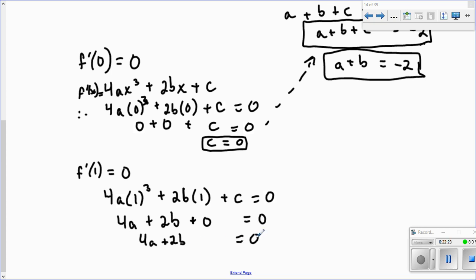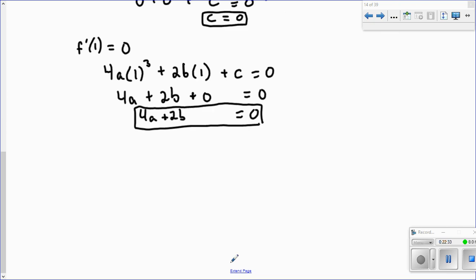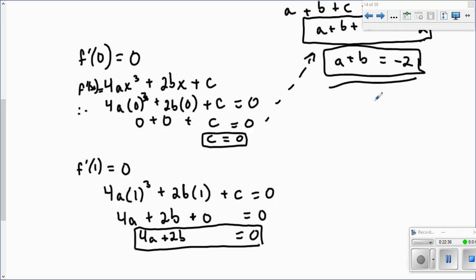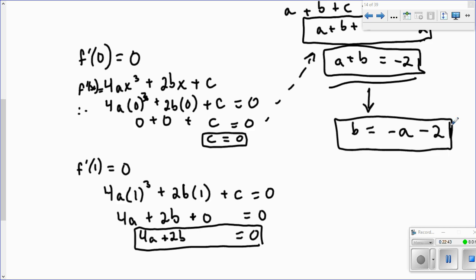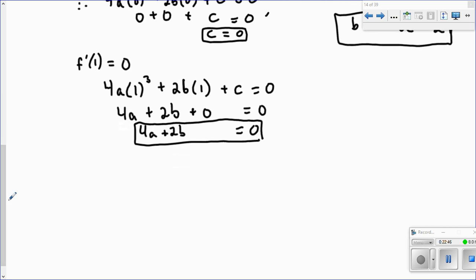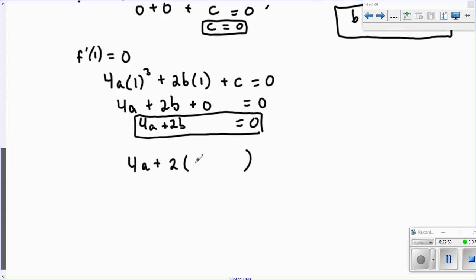So I've got this equation, and then this one up here. Now I have to use these two equations and solve for a and b. That's pretty simple. You might remember this from grade 10. We've talked about this. Let's rearrange this one and solve for b in terms of a, and let's solve by substitution here. So let's take my second equation, 4a plus 2, but instead of b, I'm going to write in what I just rearranged, -a minus 2, that equals 0.